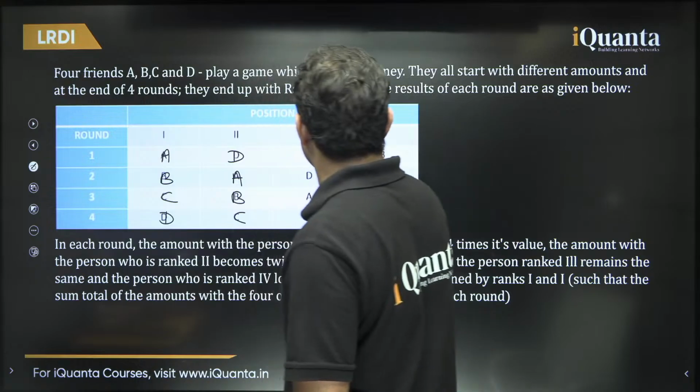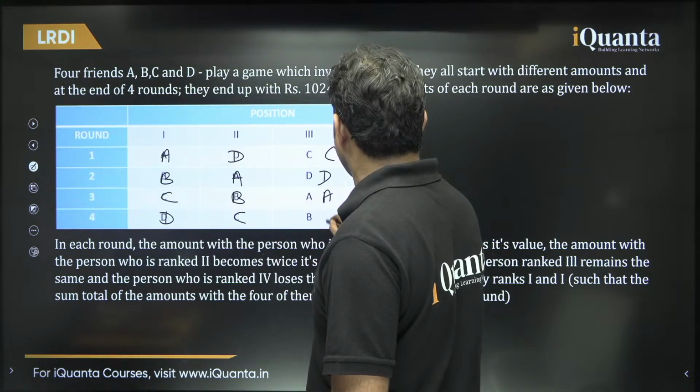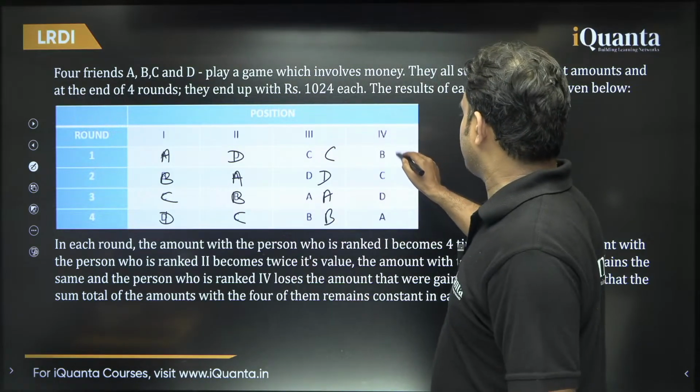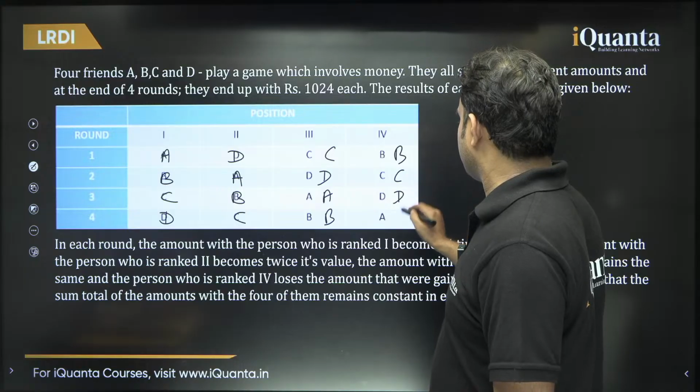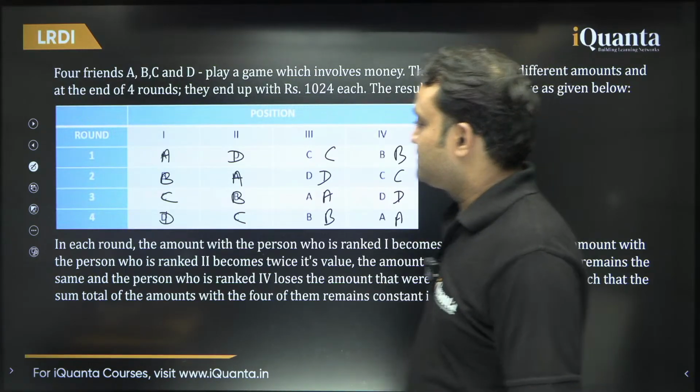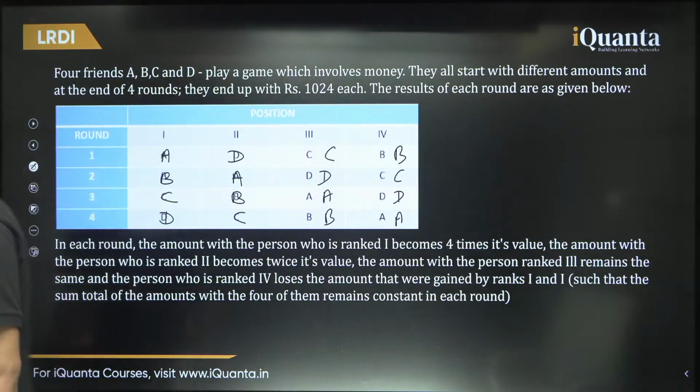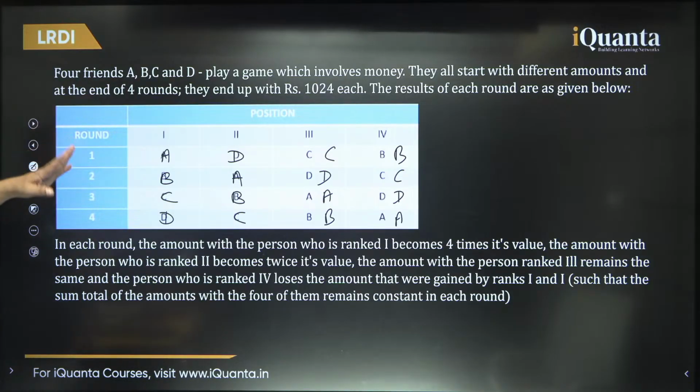This is C, D, A, B. This will be B, C, D, and A. It's visible, right? Even if it's not visible, let me know. I have written it down.